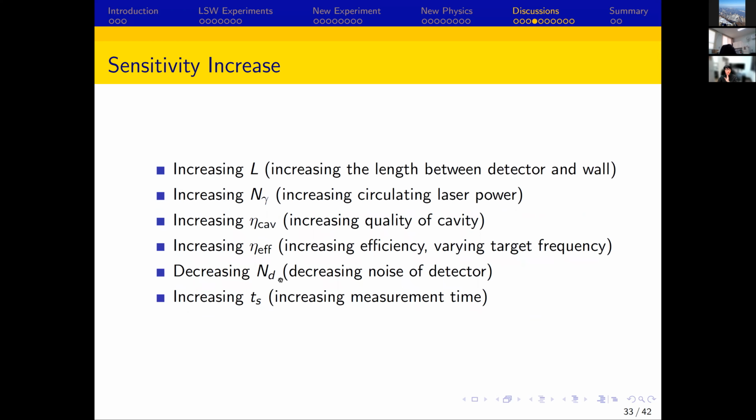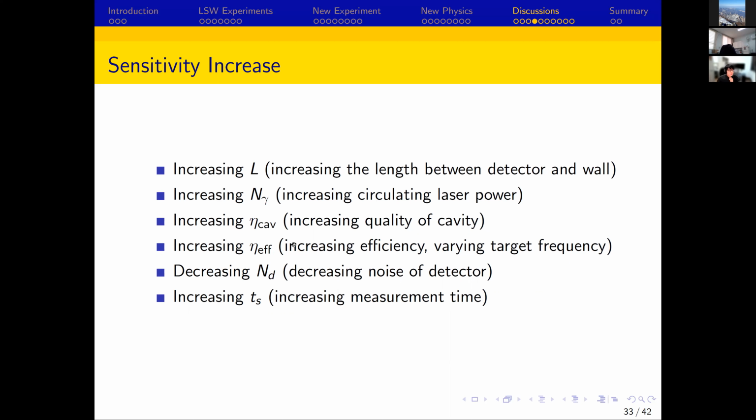So I just wrote how to increase the sensitivity of our experiment: increasing the size, increasing laser flux, cavity quality, increasing efficiency, or varying target frequency, and basically decreasing noise or increasing measurement time will significantly increase the sensitivity. So our setup can be improved.